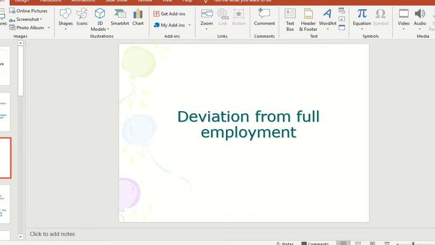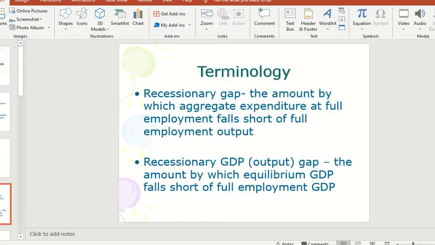We deviate from full employment. So let's talk about two undesirable situations, recessionary and inflationary. We start with recessionary. These are two terminologies we're going to introduce ourselves to.